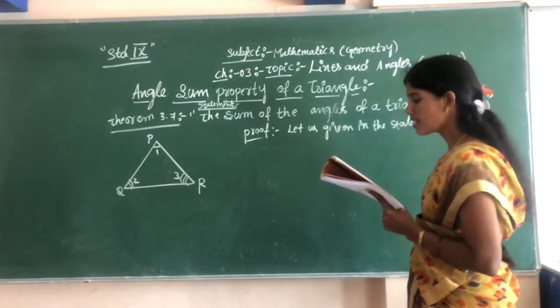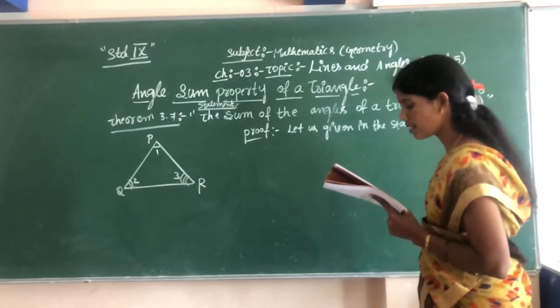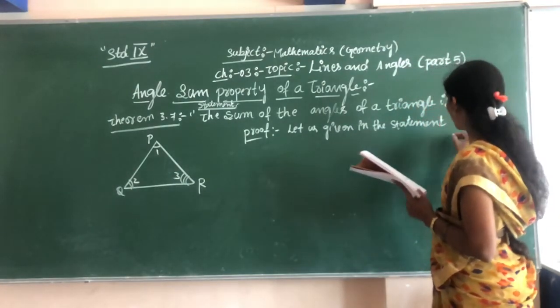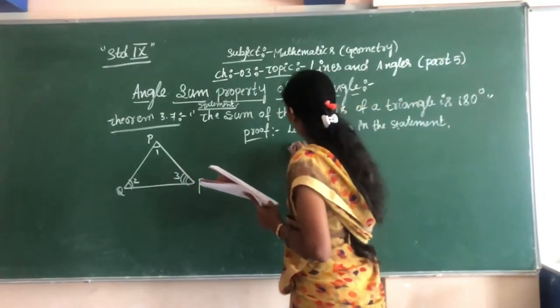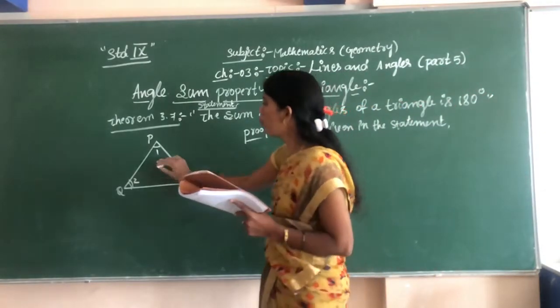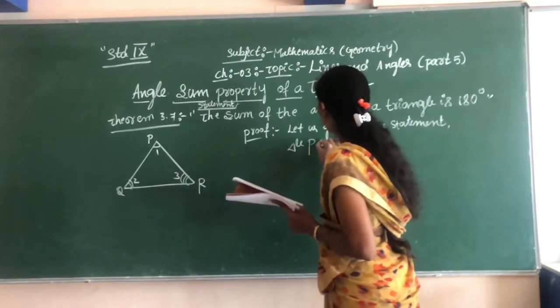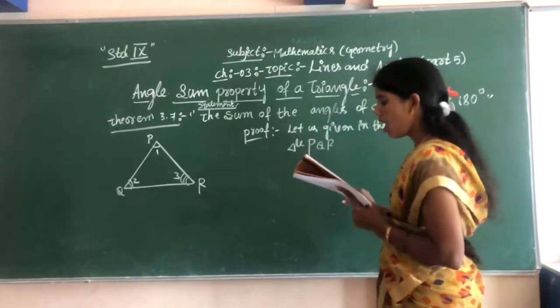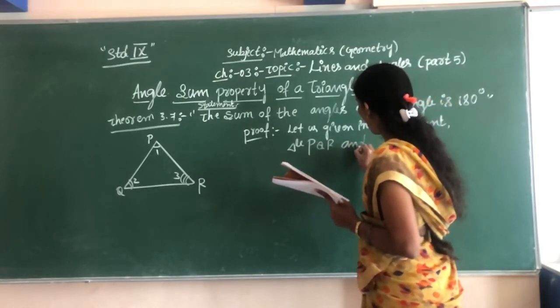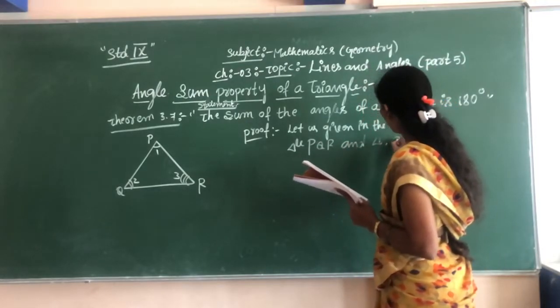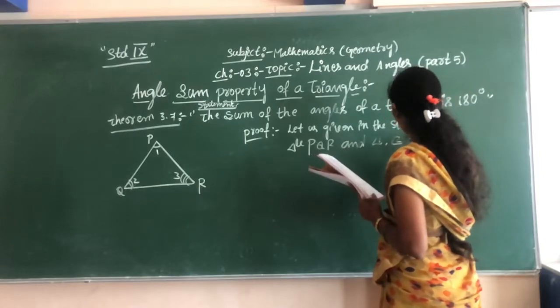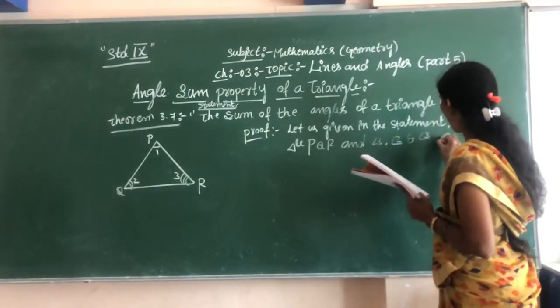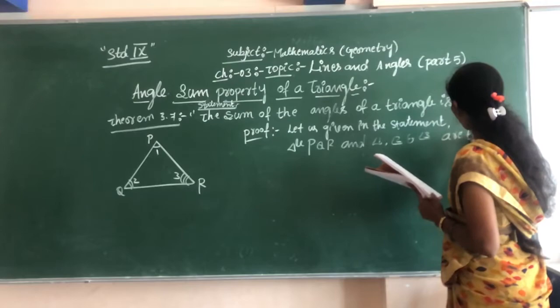The hypothesis: in the statement, which triangle is it? Triangle PQR, and the interior angles angle 1, angle 2 and angle 3 are its angles.